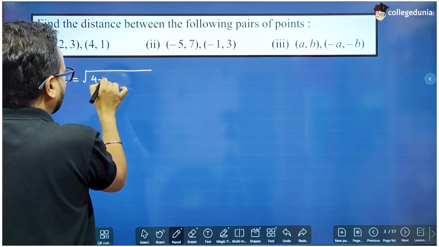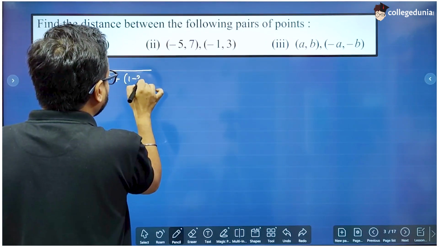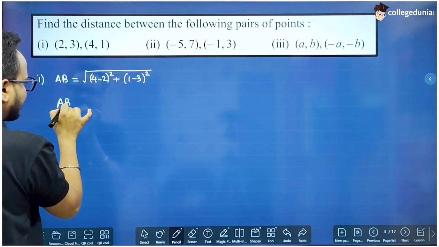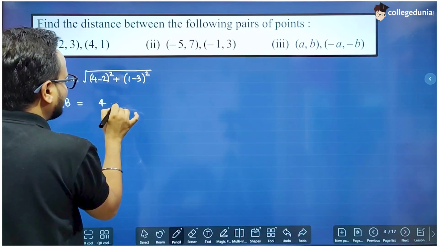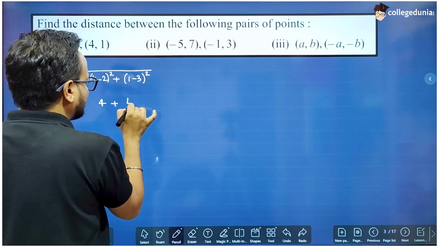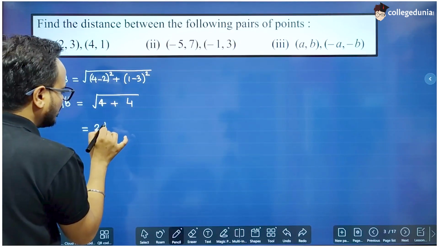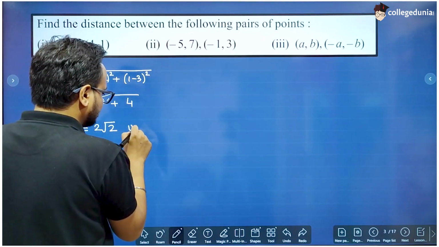So this is under root 4 minus 2 whole square plus 1 minus 3 whole square. 4 minus 2 is 2, 2 square is 4, plus 1 minus 3 is minus 2, square is again 4. So this is root 8, which is 2 root 2 units.